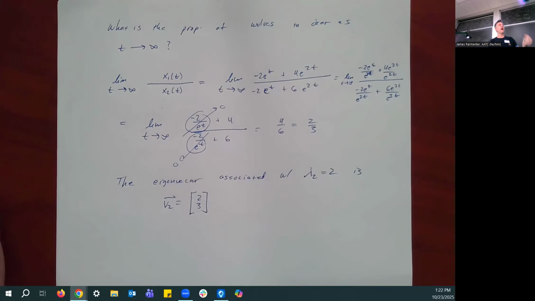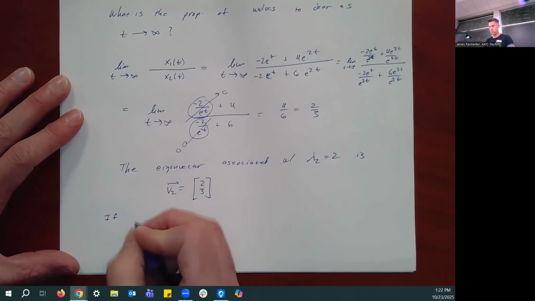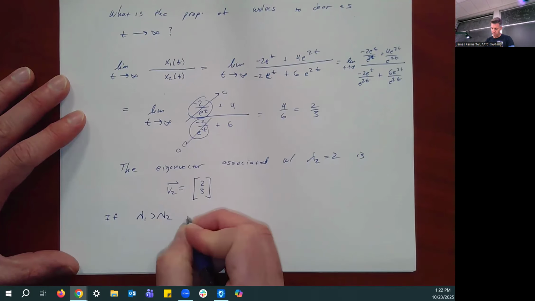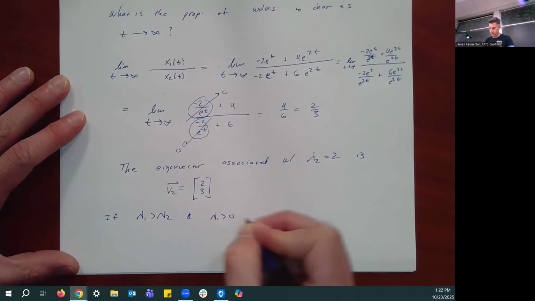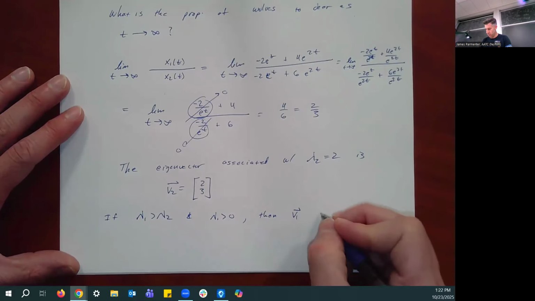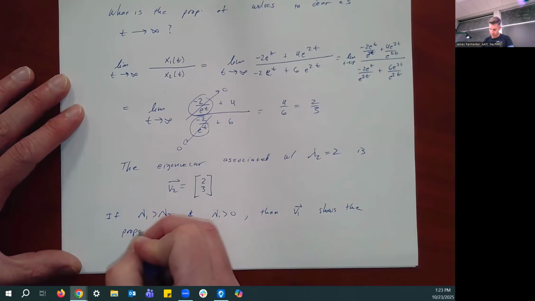As long as one of the eigenvalues is positive, whichever eigenvalue is bigger, that eigenvector shows you the proportion. So if lambda 1 is bigger than lambda 2, and lambda 1 is also positive, then the eigenvector going with lambda 1 shows the proportion that we settle to.